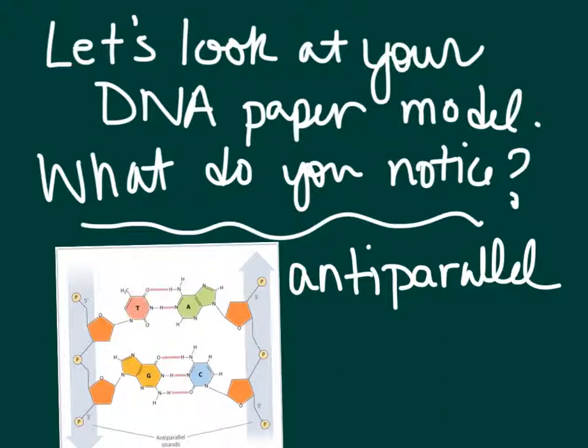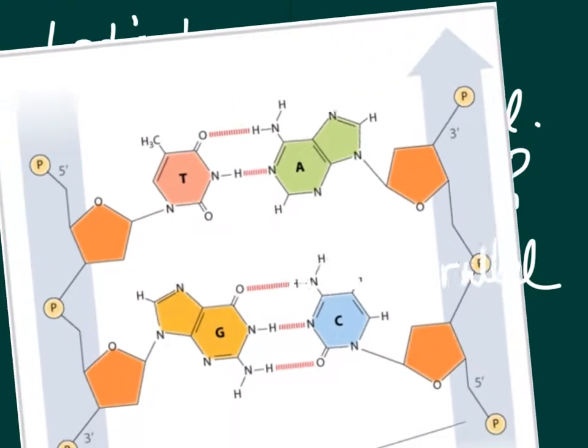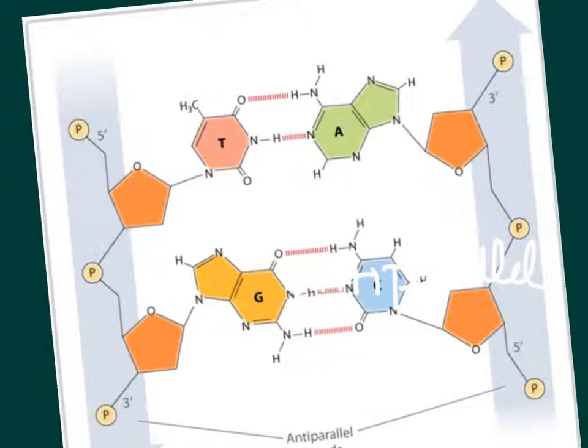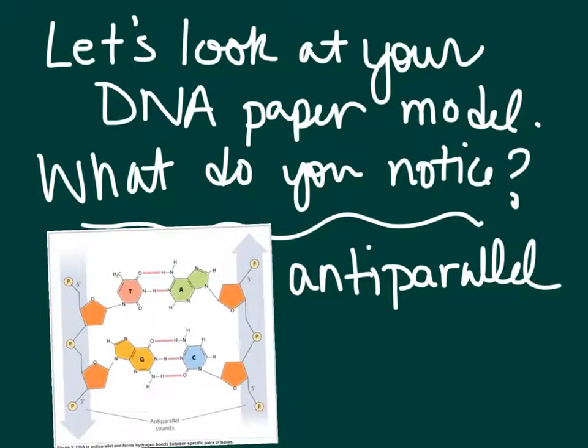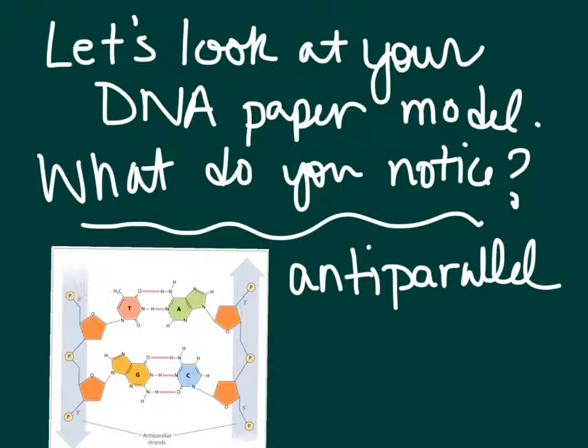But I think in the textbook, it's confusing to see that they run opposite directions because in the book, all the letters are going the same way, right? But on your paper, it's obvious because one of them is upside down. Yep.